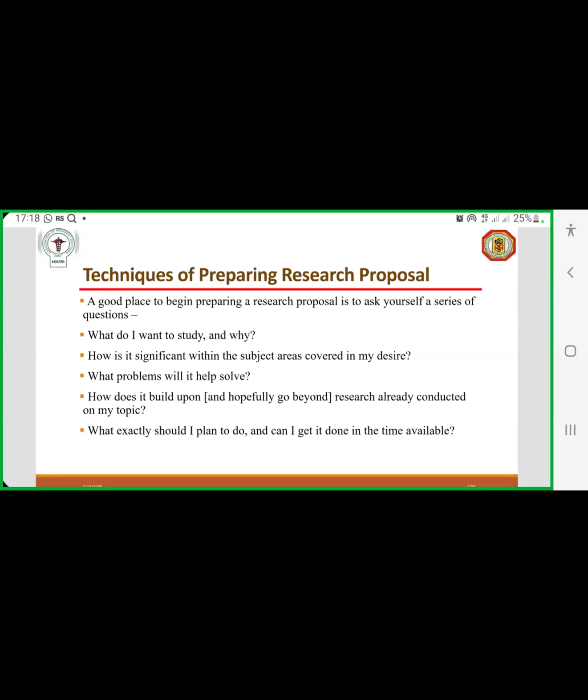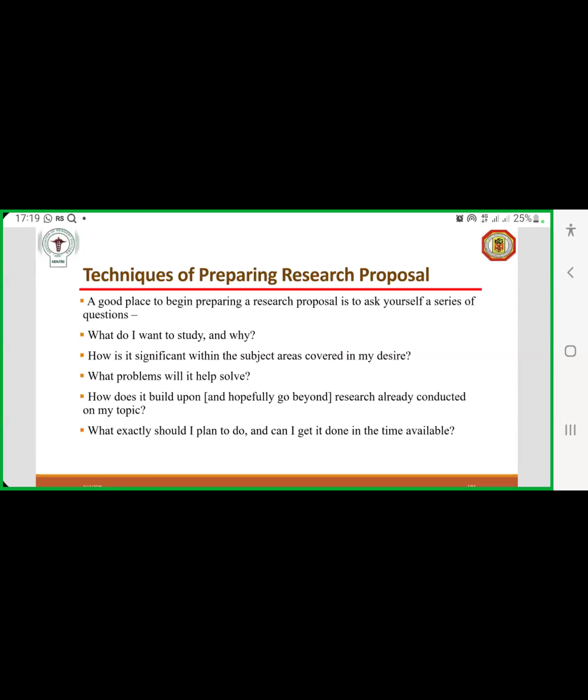Before you even come up with a title of the study, you have to first start thinking, so that you come up with something very good, with a title that has a problem that needs to be solved, because any research is attempting to solve a particular problem. So for you to write a research proposal, you must start by asking yourself, what do I want to study?